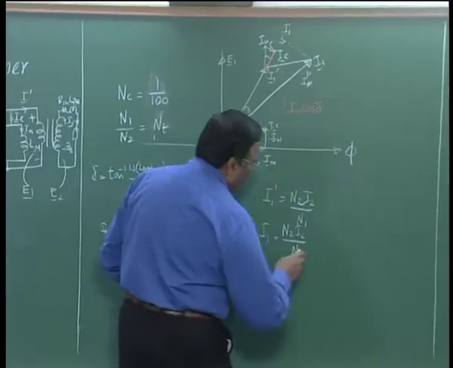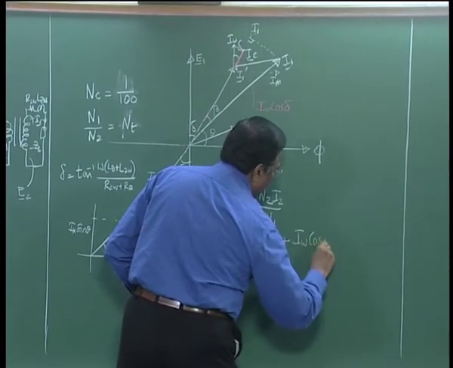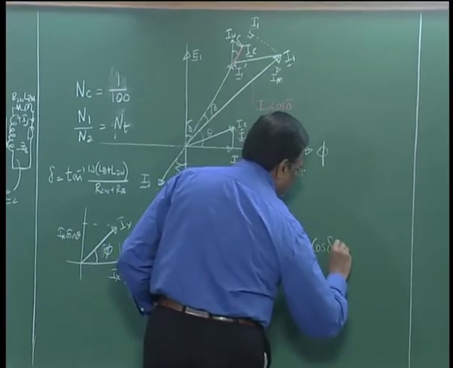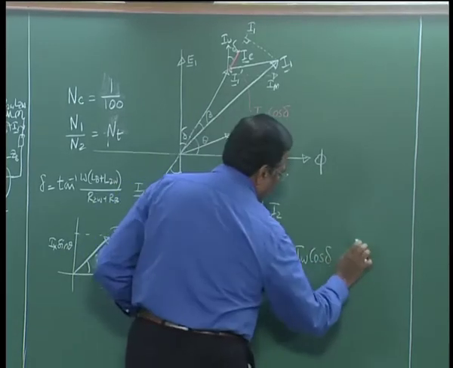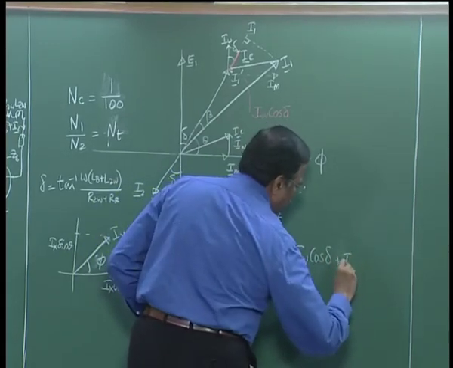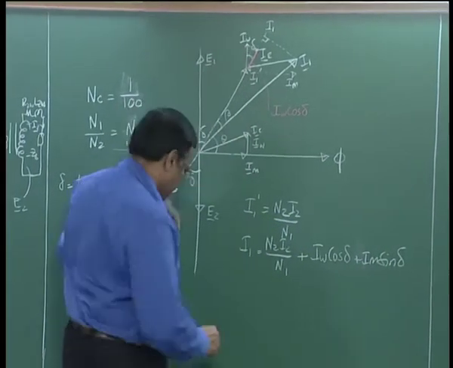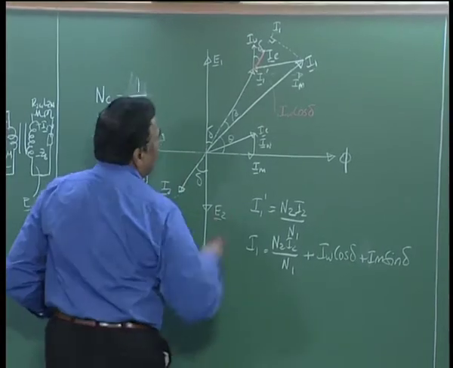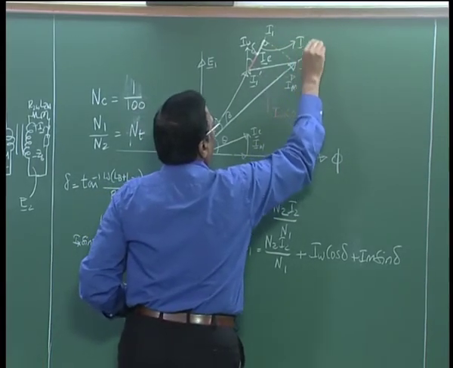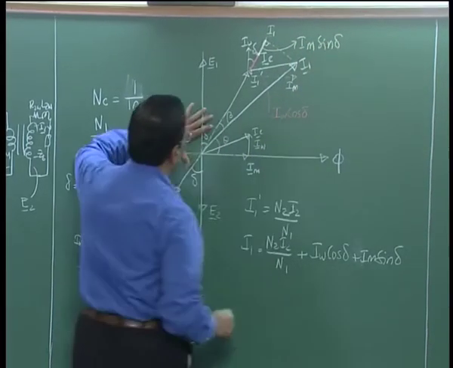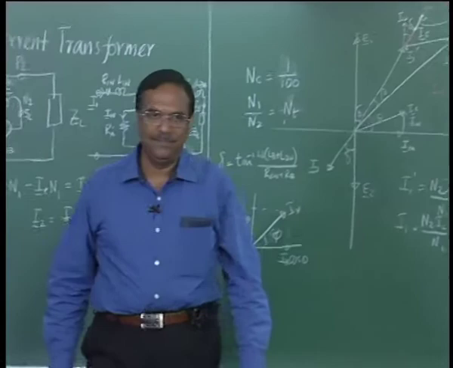So, I can now write this would be plus IW cos delta into N1, because we are writing currents, cos delta plus Im sin delta, right. This is the component. This component is IW cos delta, this component is Im sin delta. So, I1 is equal to I1 prime plus these two components, right.